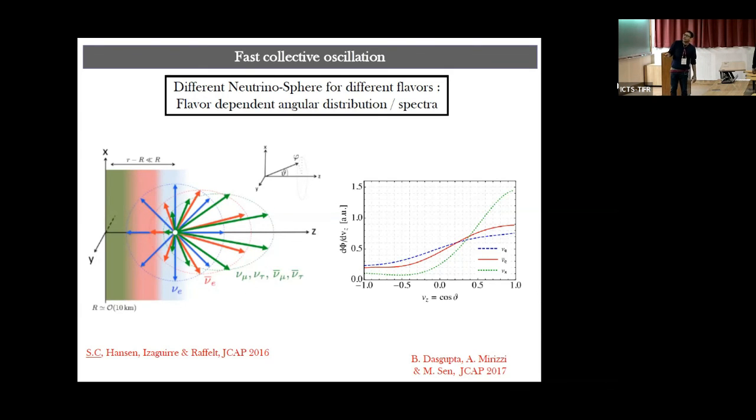Since this is happening so close to the star, even if you think of the neutrinosphere as a plane, it doesn't matter, because what comes is from their cross section and interaction difference when they decouple. So the last scattering surface is different. When you look at these neutrinos interacting far away, they will have some kind of angular asymmetry.